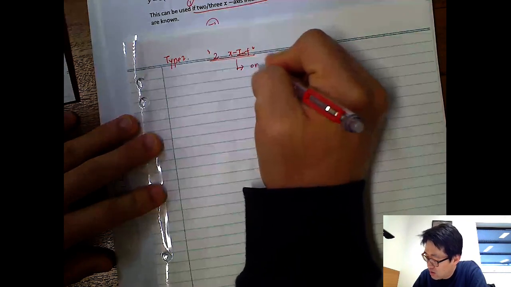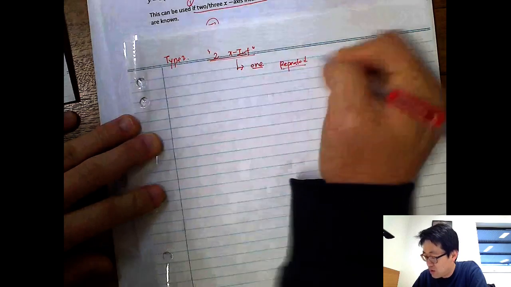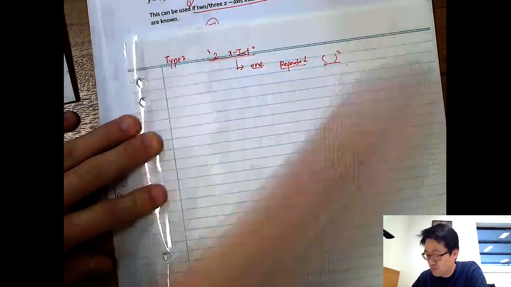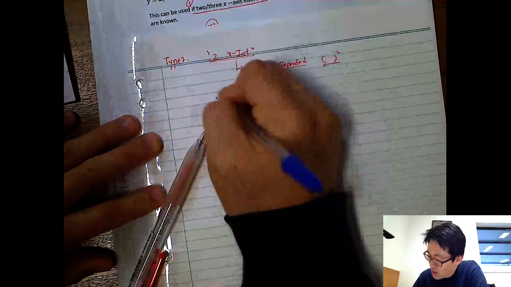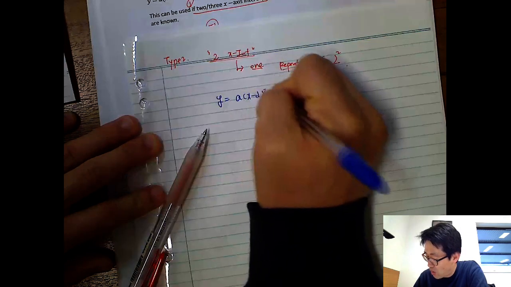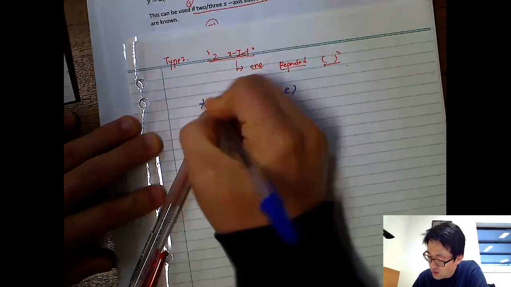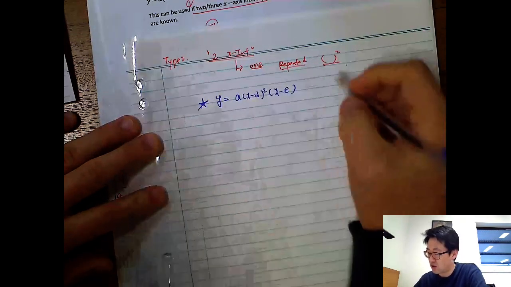One solution is a repeated one, which means we will get a squared factor like that. So y equals a(x minus d) squared (x minus c). We learned that before, didn't we? Yeah. How did it look?